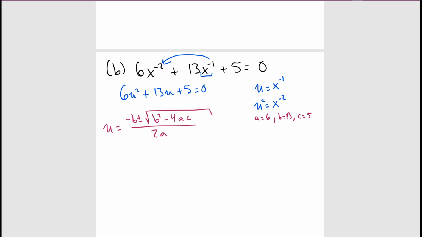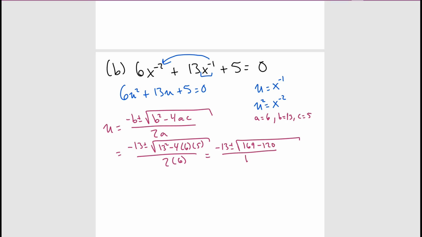Okay, so let me plug everything in there. So I'm going to have negative b, negative 13 plus or minus square root 13 squared minus 4 times a, which is 6, times c, which is 5, divided by 2 times a, which is 6. Okay, so I'm going to get negative 13 plus or minus square root of 169 minus 4 times 6 times 5, which is 120, divided by 12.